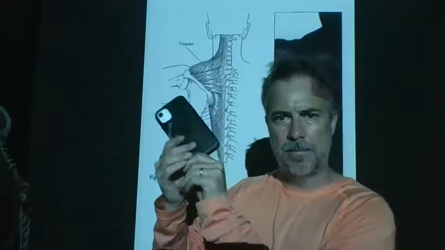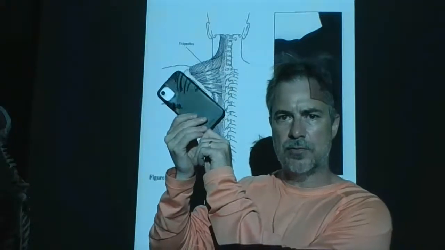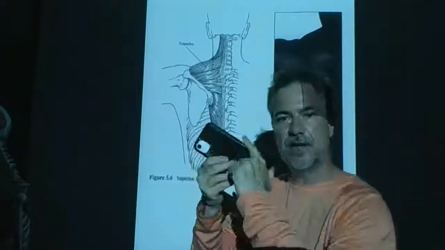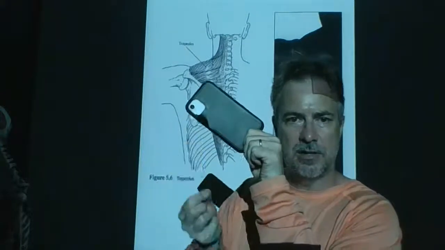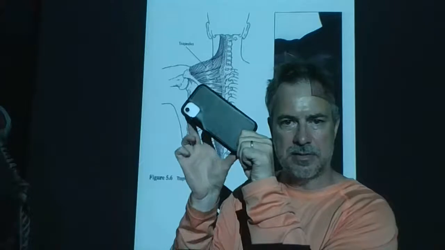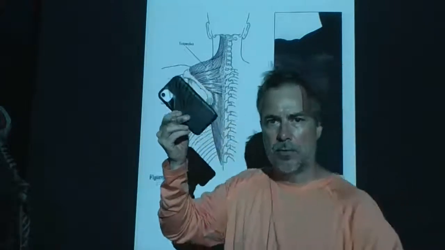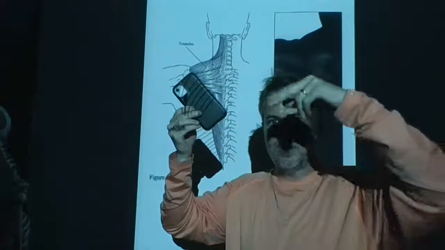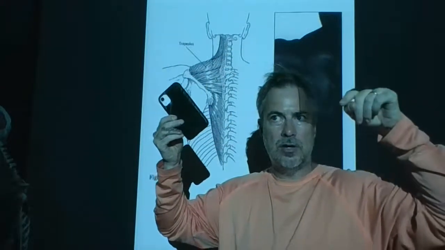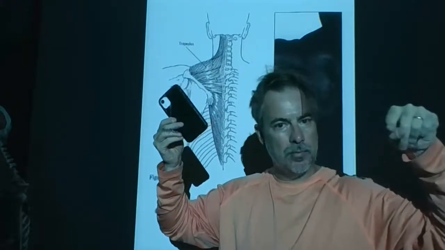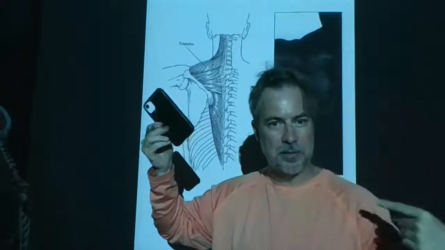like this. Let's imagine I have my cell phone, and my phone is going to represent the spine, or at least this flat part is going to represent the spine of the scapula. We could use our imagination that the rest of the scapula is here, okay? But what I want you to notice is the upper fibers, this is a force couple, 2 different linear pulls that are working together to spin something.